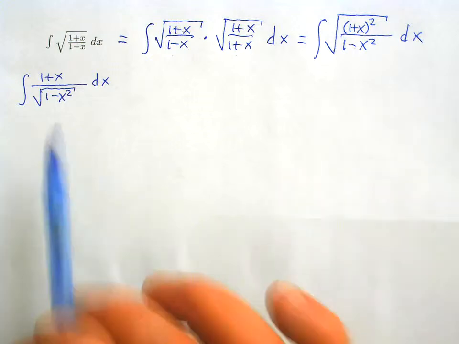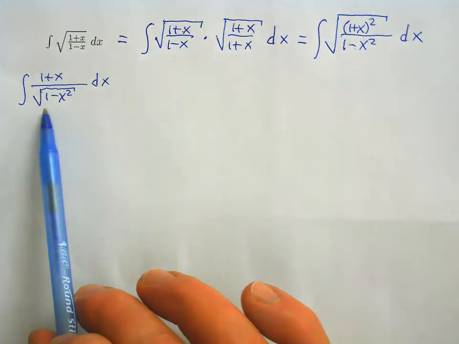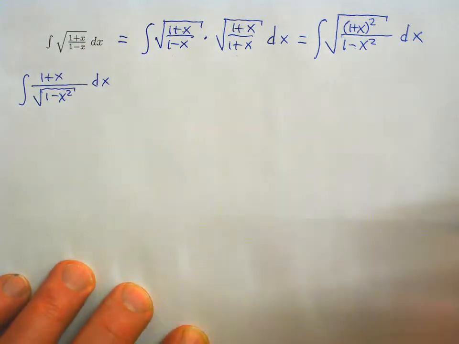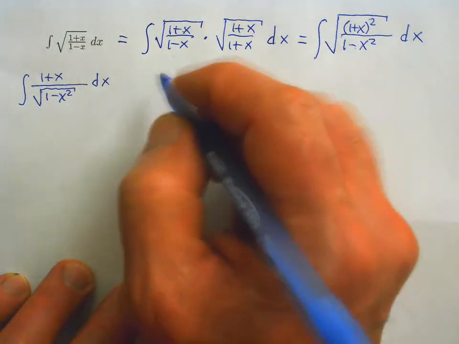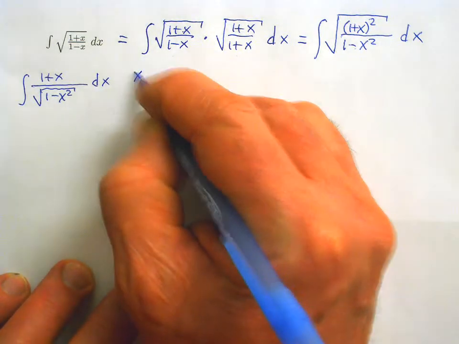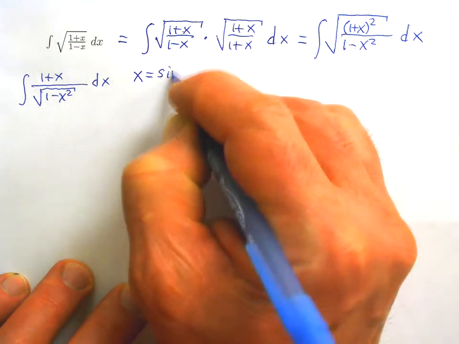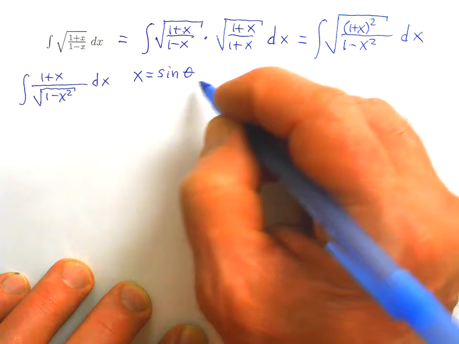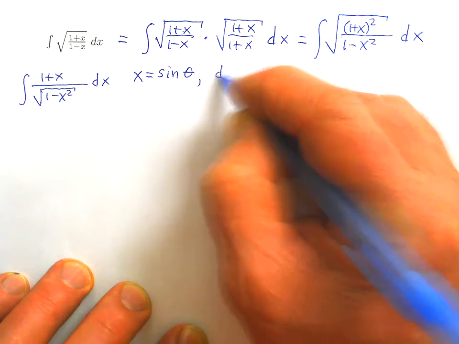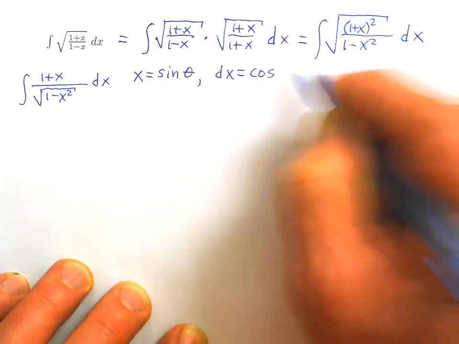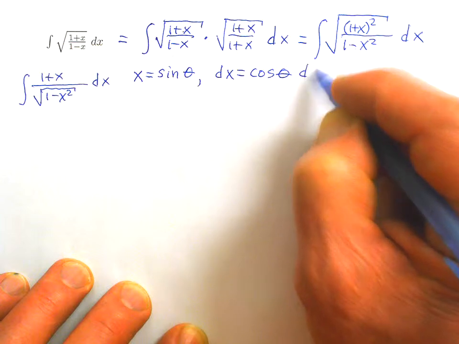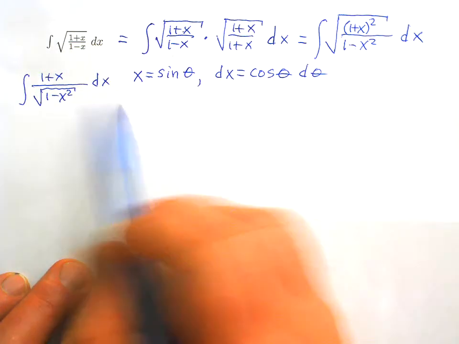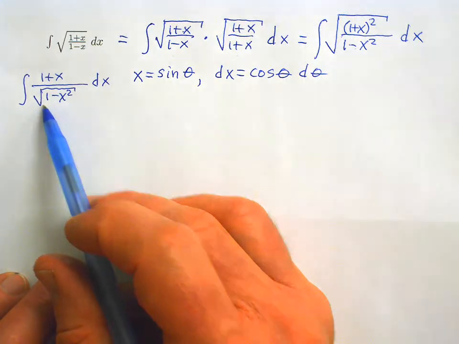Okay, in the denominator, inside the square root, we have 1 minus x squared. So that suggests perhaps the trig substitution, x equals sine of theta. And so dx will be cosine of theta d theta. We can do a little bit of work that's going to go into this denominator.